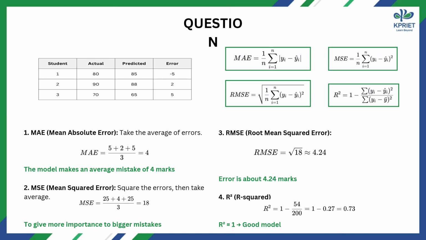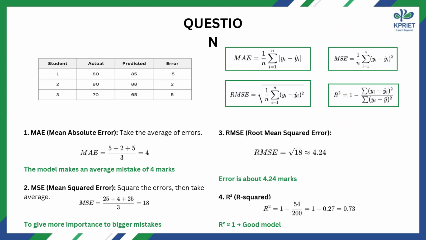In the mean squared error, 5 squared plus 2 squared plus 5 squared, which is nothing but 25 plus 4 plus 25, divided by 3 students, which is equal to 18. Here I have given it as 18; there is a chance that you might get floating point values. So this gives importance to bigger mistakes. Then root mean squared error is nothing but the square root of the mean squared error, the square root of 18.